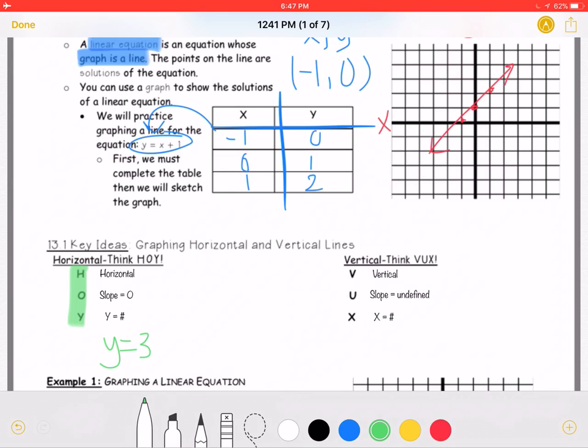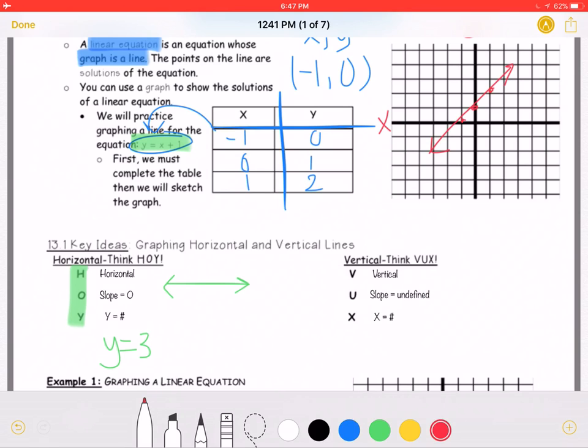Like before, up here, this is a linear equation, but it has an x and a y. Well, if it's missing an x or a y, then it's either going to be horizontal or vertical. So for this one, again, if it's y equals a number, you should automatically think, all right, HOY, it's going to be a horizontal line, so it's going to look something like that.